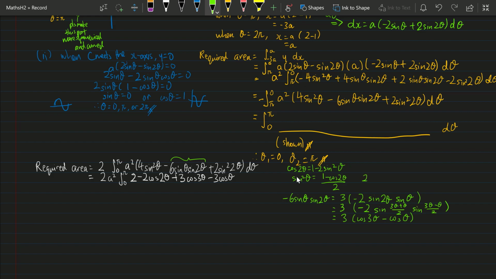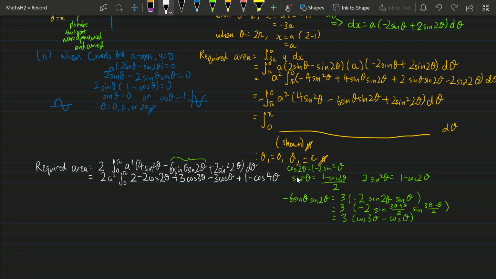Because if you know 2 sine square theta is 1 minus cos 2 theta, 2 sine square 2 theta will just be 1 minus cosine 4 theta. Okay? Plus 1 minus cosine 4 theta.